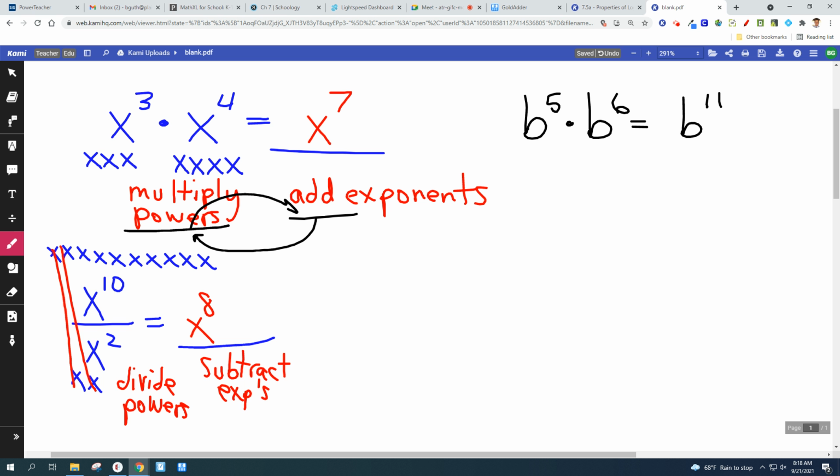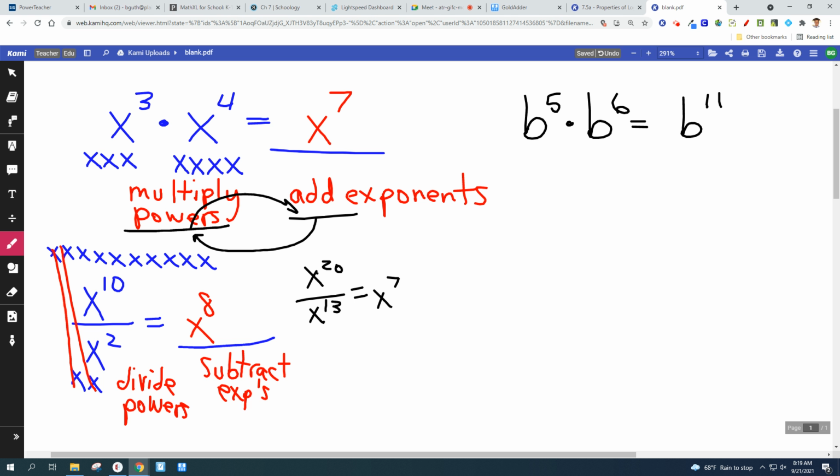Those are very common problems that you see in algebra class. If I give you x to the 20th divided by x to the 13th, it doesn't matter that I can't divide 20 by 13, because I'm just going to subtract anyway. I look at it as canceling, and I'm going to get 7 leftovers, x to the 7th. That's how that rule works.